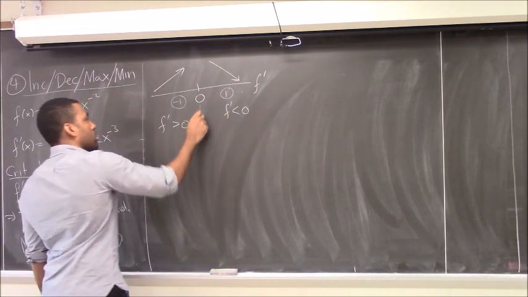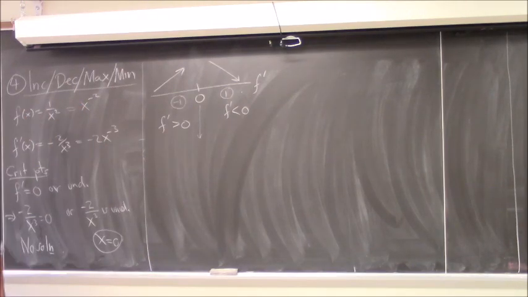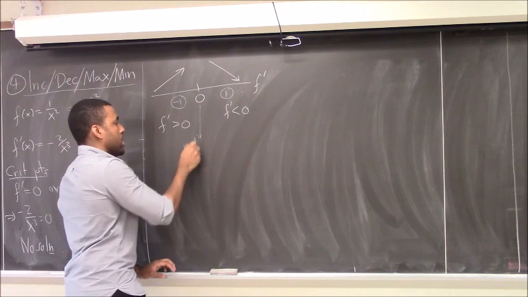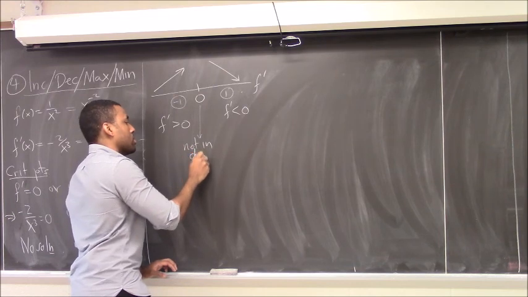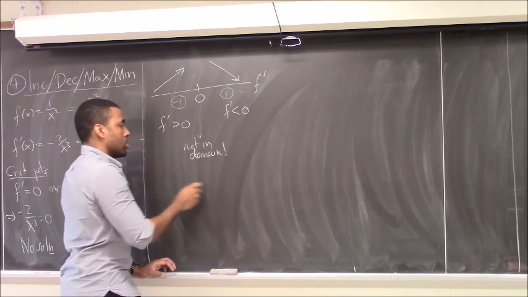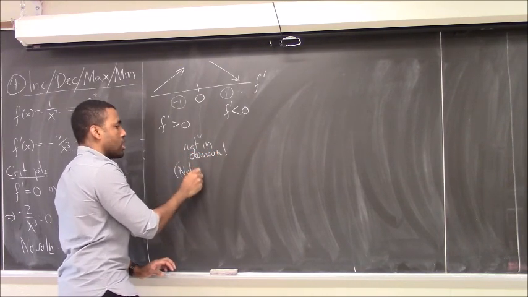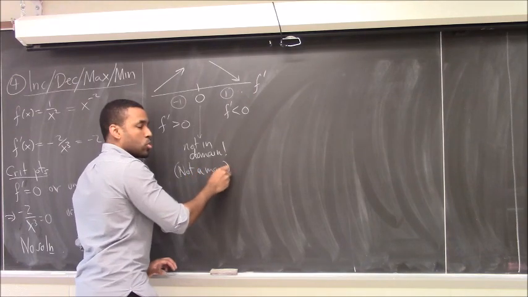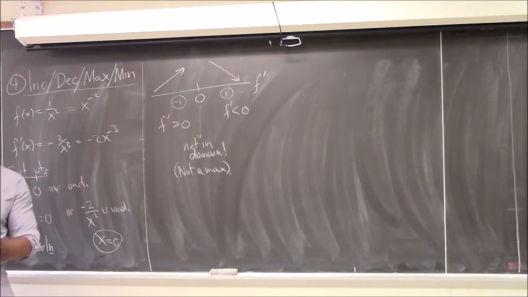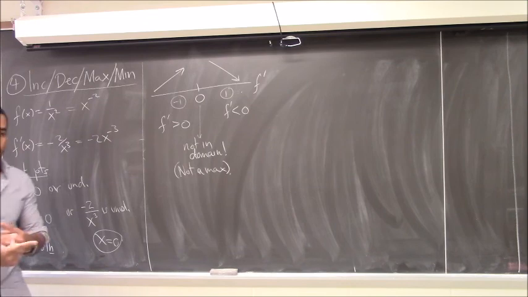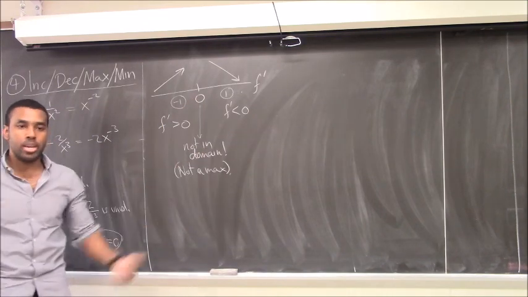What does that tell me about this point? It's a local max. No. Why not? Oh, because you don't have anything at 0. It's not in the domain, right? So, by the way, that means it's not a max. This is why step 1 was important, for you to know ahead of time what are the nice points that we can work with. 0 happens to not be a nice point.